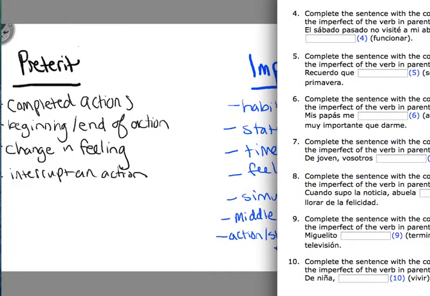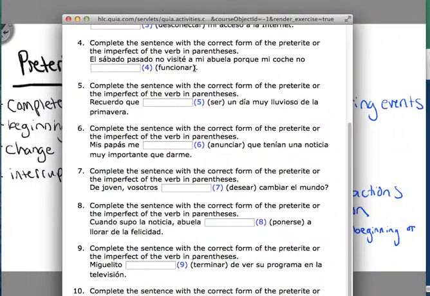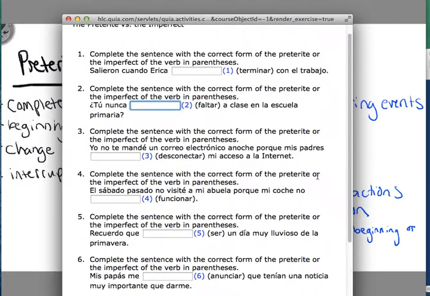This is an activity from last week's assignments, one of the three that I opened up for an extra week. One of the things that's hard about preterite versus imperfect is we actually have to understand everything in the sentence to then determine: is it a completed action, is it a state, is it a feeling?